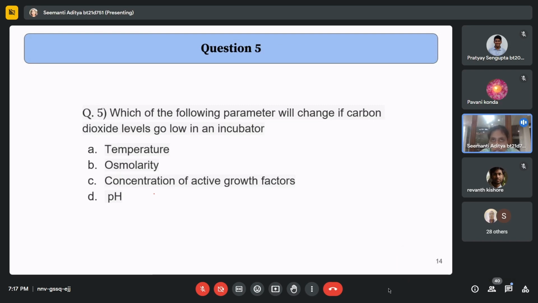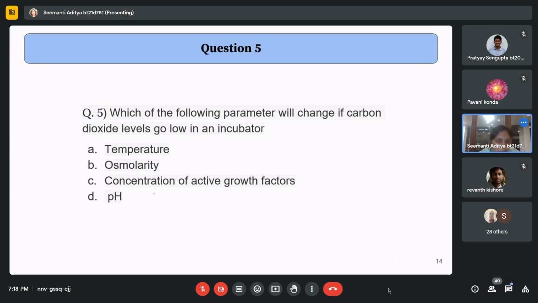Like it's going to be altering the pH only. Or concentration of the growth factors, nothing.